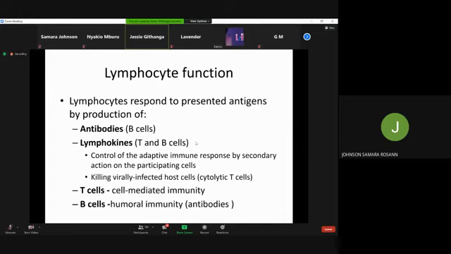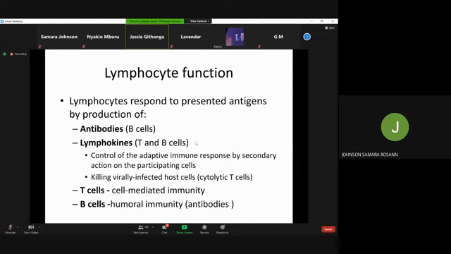The lymphocytes are very key in the killing of virally infected host cells. The subset of cells that are key for this function are the cytolytic T cells.